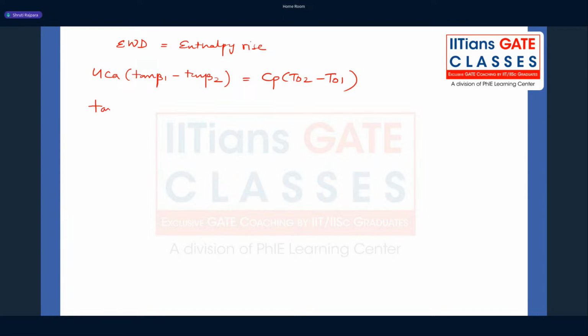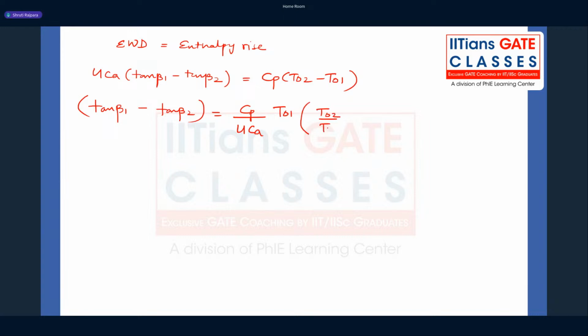So I'll try to put the blade angles as the subject and the other things on the right hand side. Here CP, U, CA are provided in the question. T01 is also provided. I'll take it out common.